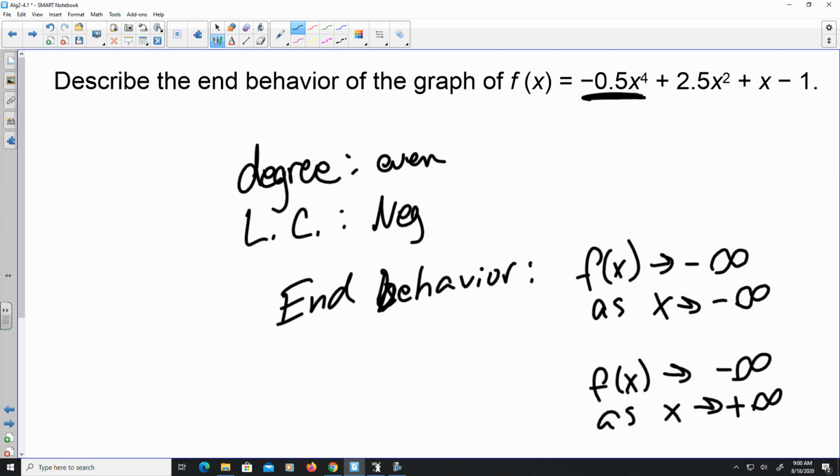And that'll be on the chart there, and you can reference that certainly as we practice these types of problems.